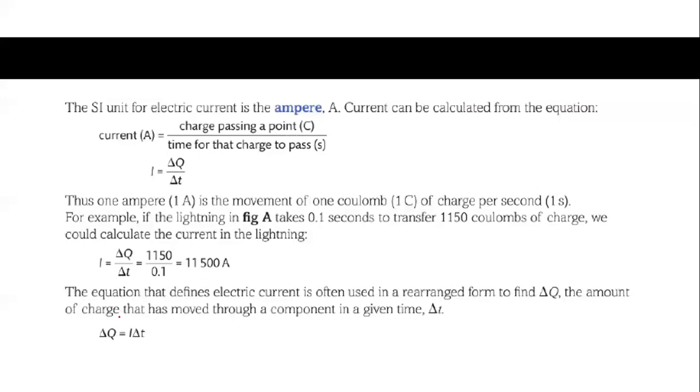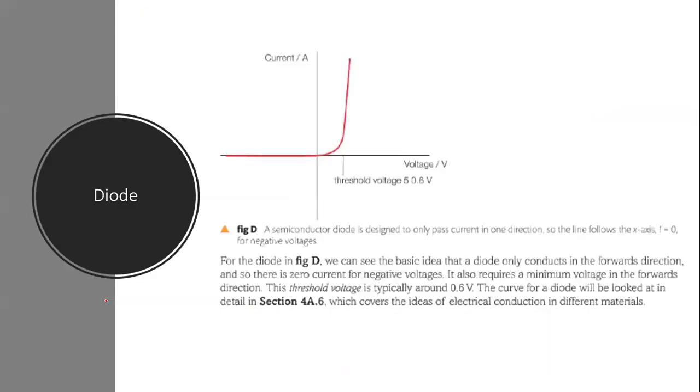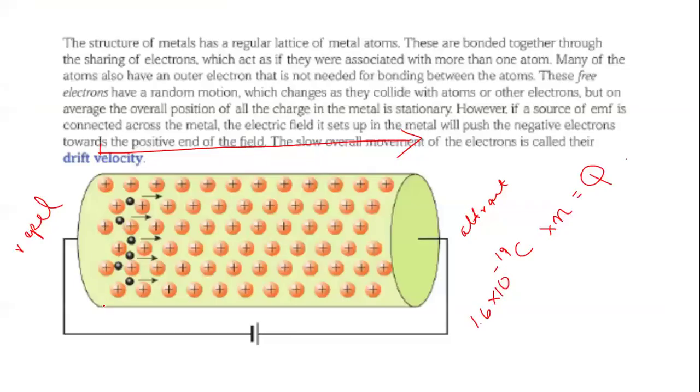Now, this was the diagram that we were taking a look at. I told you that whenever I connect my battery to any conductor, the electrons will be repelled from the negative side and attracted towards the positive terminal. So the electrons will move from the negative terminal towards the positive terminal.